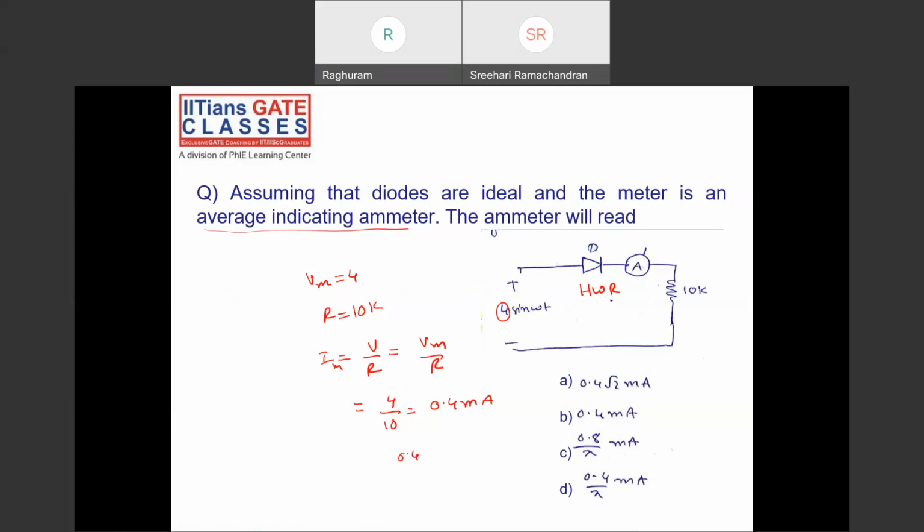Take it, 4 into 0.318 is the average value, I average. Option D.